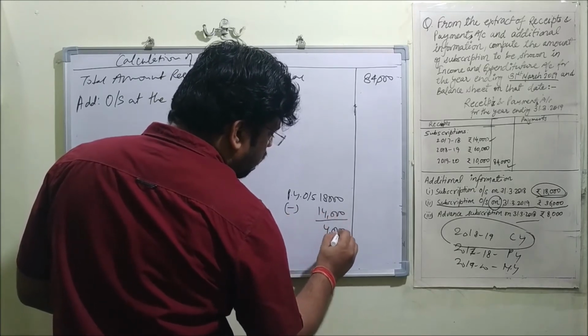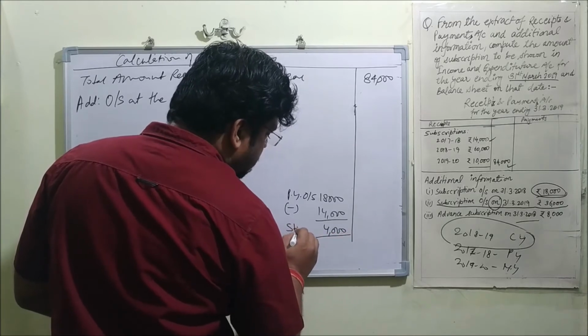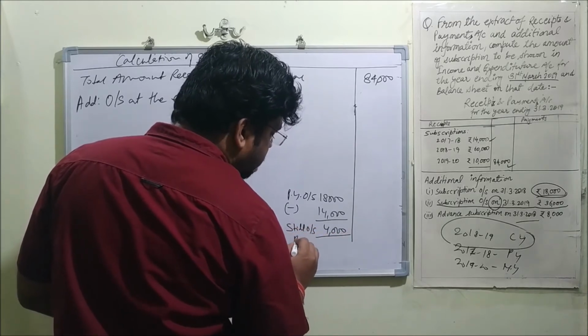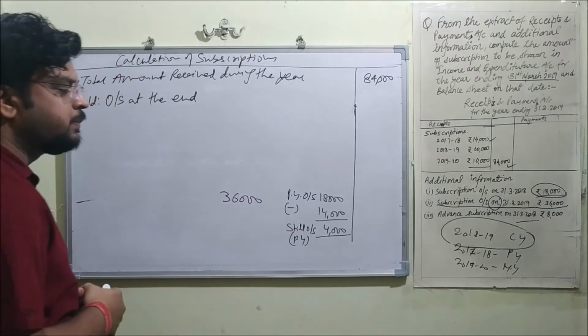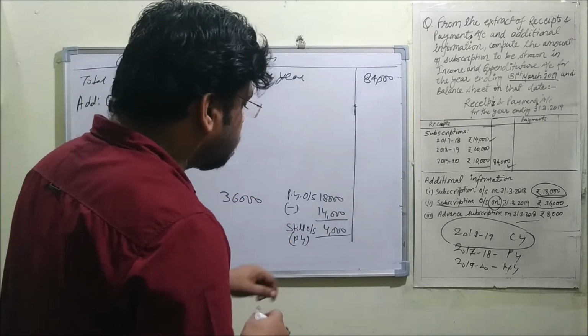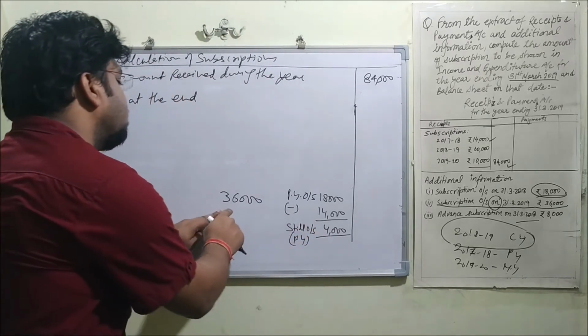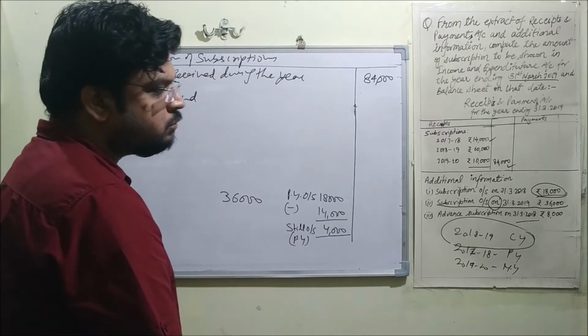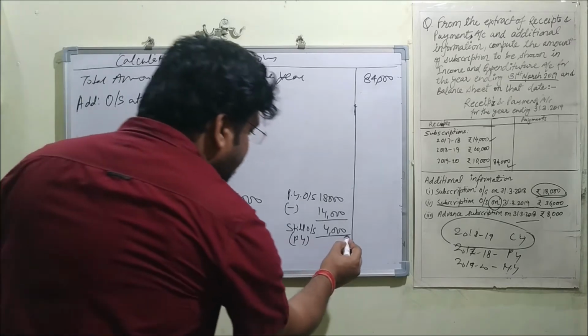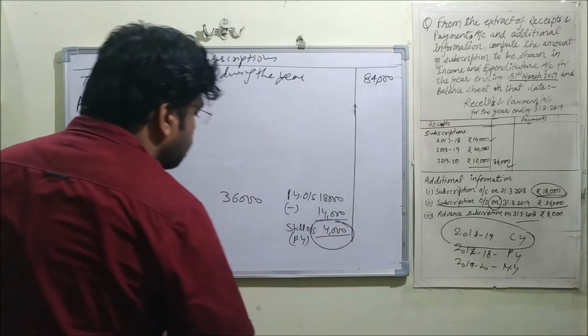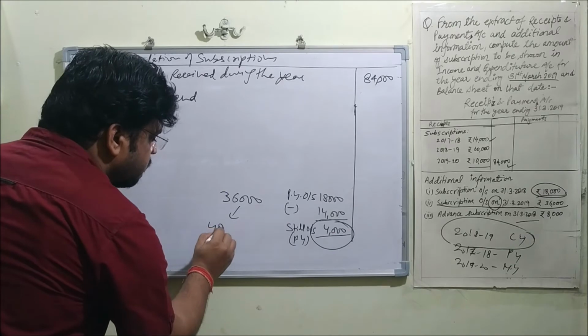Means 4,000 is still outstanding, that is related to previous year. Getting my point? So this 4,000 is included in this 36,000 also.